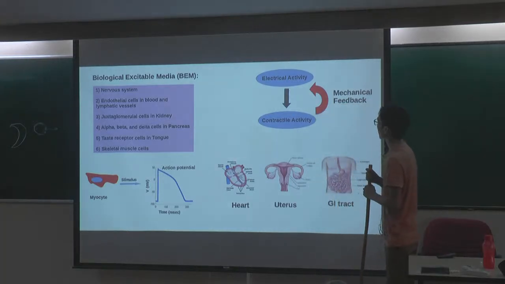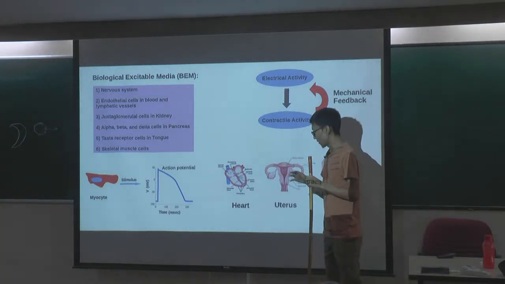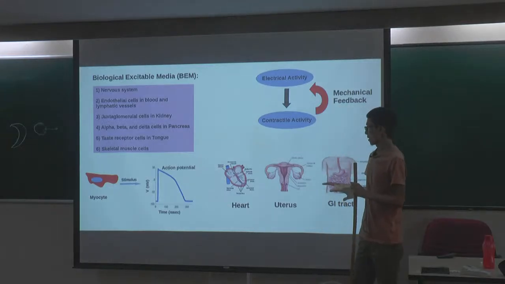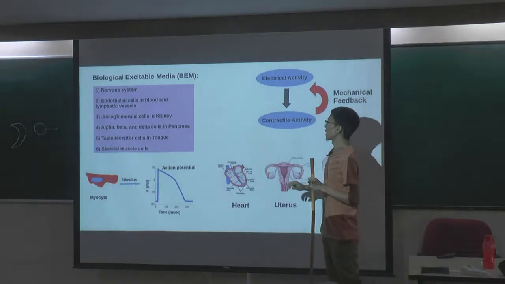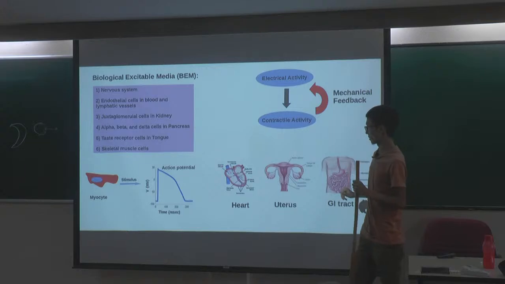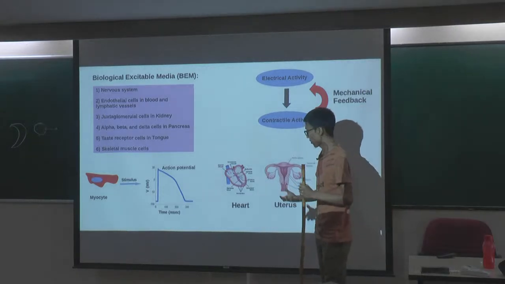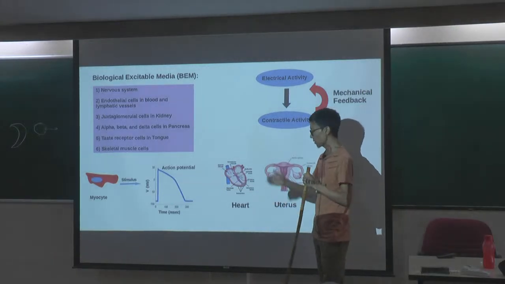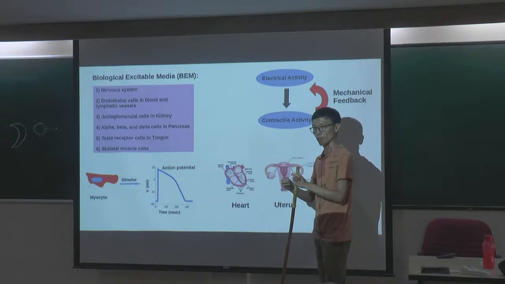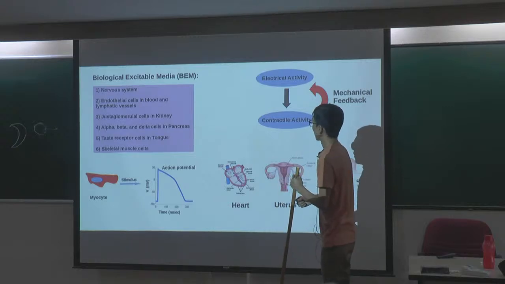Now, it is known that the contractile activity in these excitable media is mediated by electrical activity, which means you have excitation first, the action potential, and then that induces cellular contraction or muscle contraction.